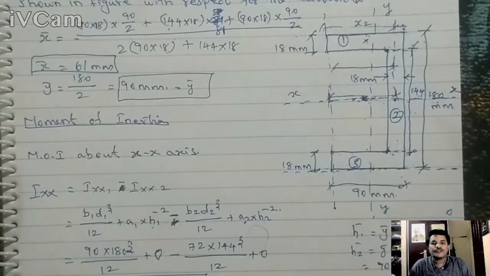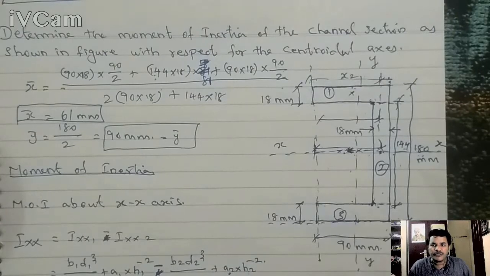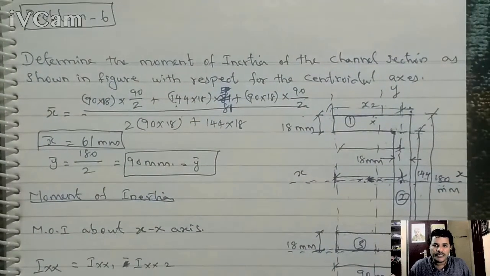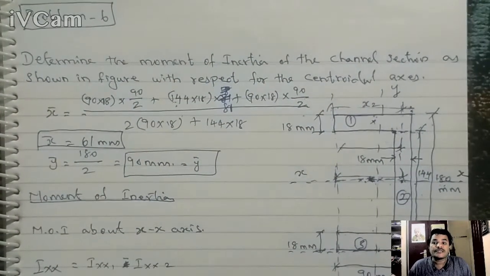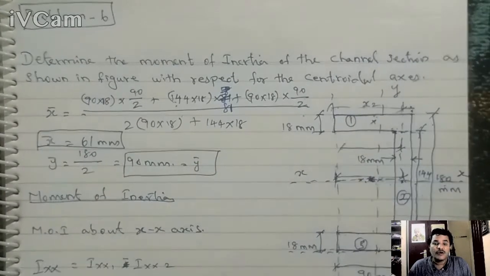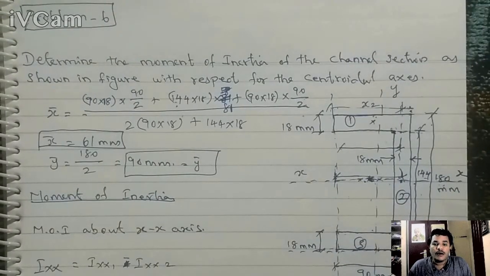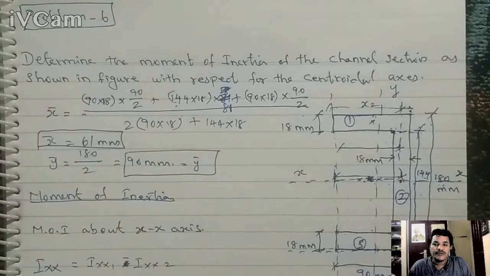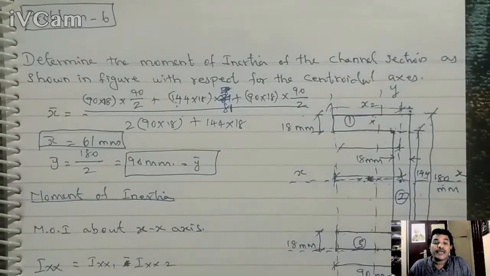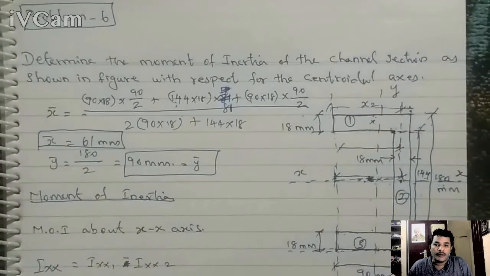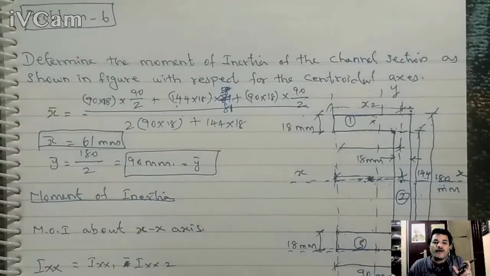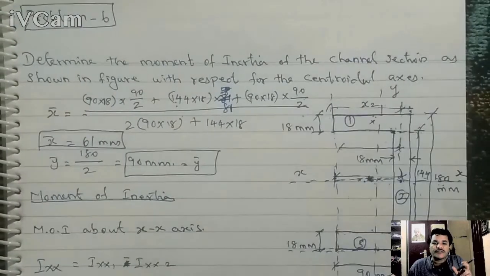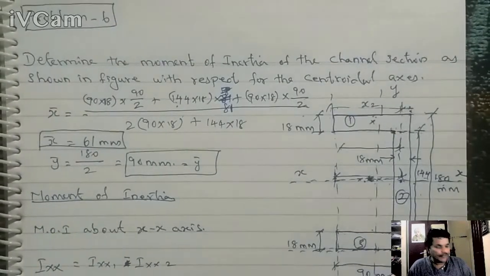A similar procedure we are going to adopt for the I section also, that is the symmetrical I section, not the unsymmetrical I section. Symmetrical means symmetrical about both the XX as well as YY axis, that is, the top flange width and the bottom flange width should be the same. For that kind of section we can use the same procedure.